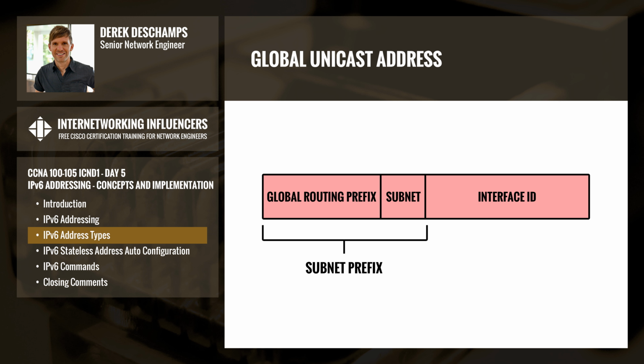The bits that comprise the interface ID are used to identify individual host addresses in the same way that host address bits are used in IPv4. The global routing prefix combined with the subnet bits make up the subnet prefix, which is used to identify individual subnets in the same way as a subnet ID in IPv4.